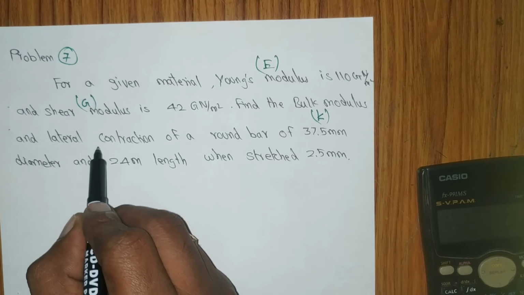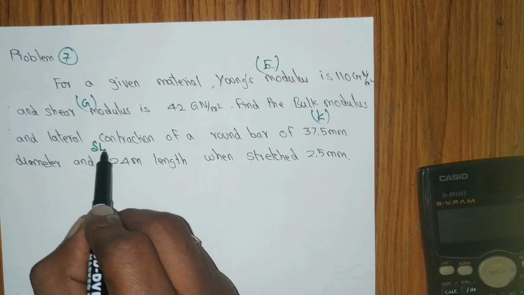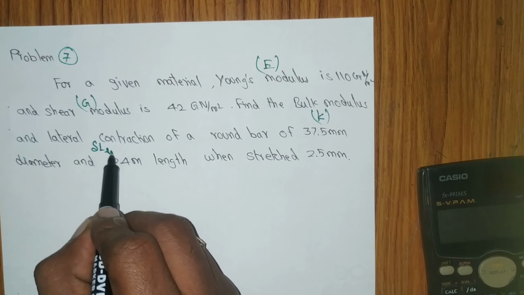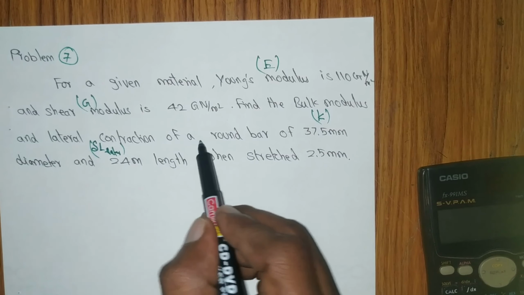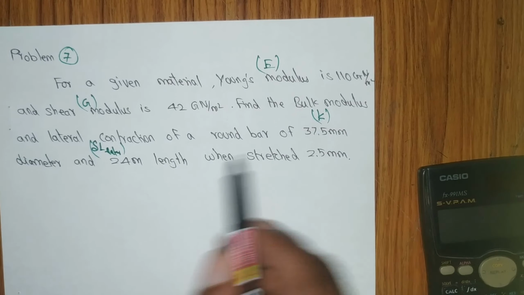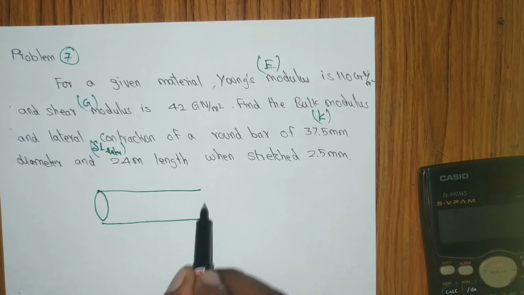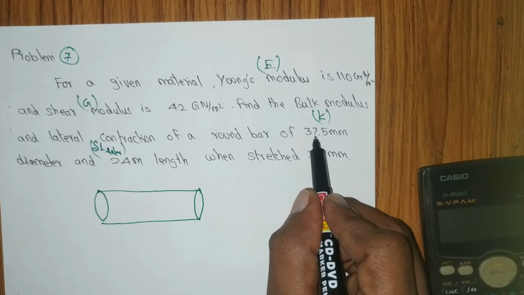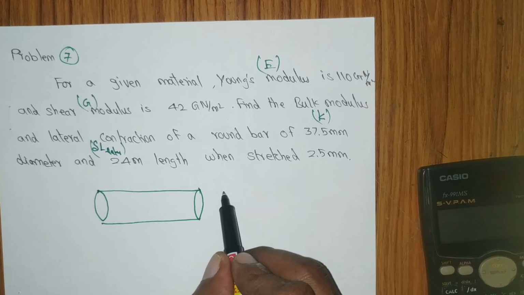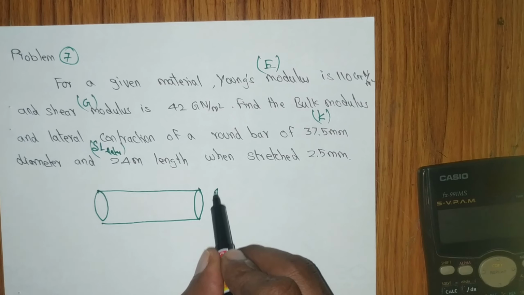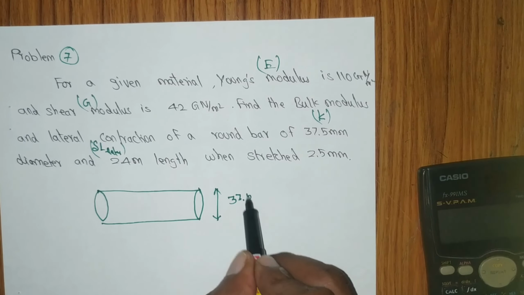And lateral contraction, that is change in length in lateral, we need to find out for the rounded bar, it is a circular bar of 37.5 mm diameter. So we have the diameter of 37.5 mm.